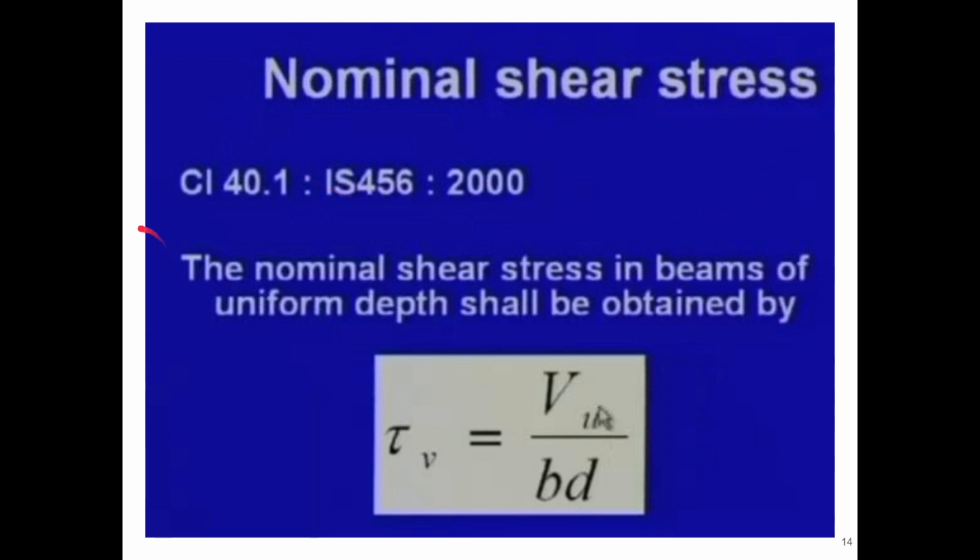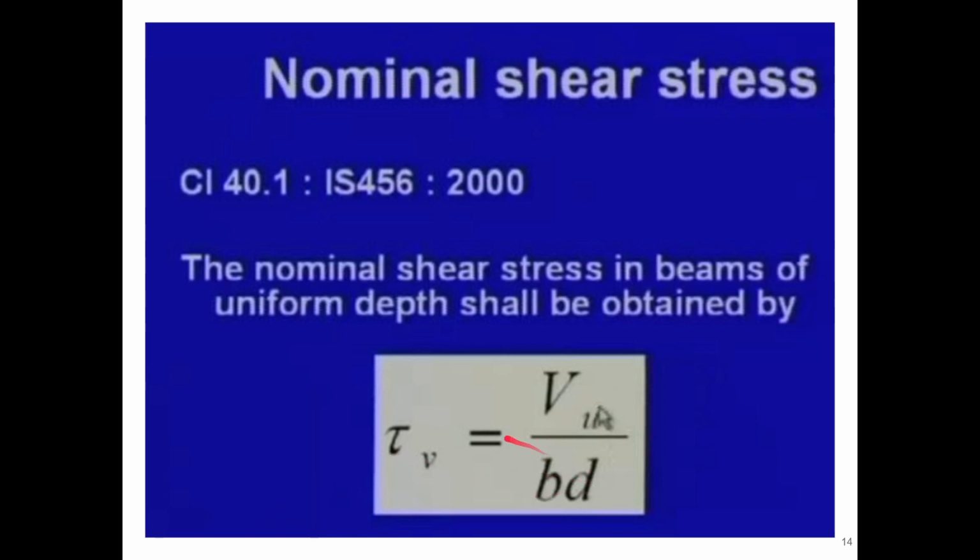As per clause 40.1 of IS 456:2000, the nominal shear stress in beams of uniform depth shall be obtained by tau v equal to Vu by bd. Tau v is the nominal shear stress. If in the question the value of Vu is given, that is the design shear load, then you can find the nominal shear stress just by dividing by the width and the depth.